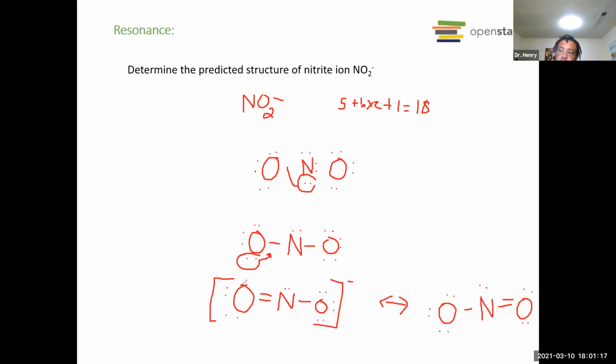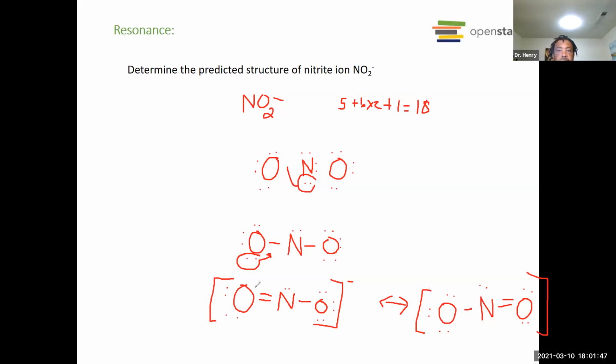The double bond is shifting from one side to the other. So this side ends up with a double bond on one part, and this side ends up with a double bond on the other, right? I told you that the electrons are always orbiting, always moving, right? So these electrons are going to be moving from this nitrogen over to this oxygen, and so on and so forth, right?